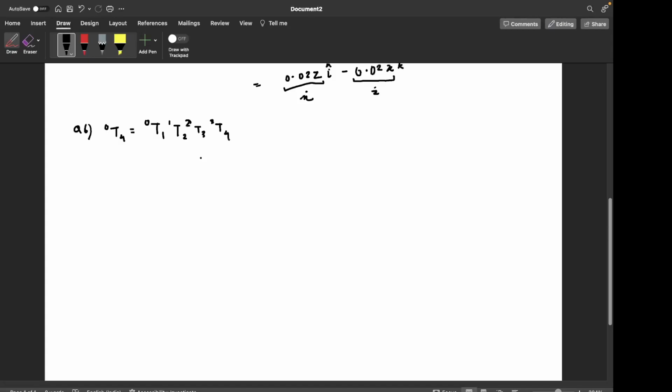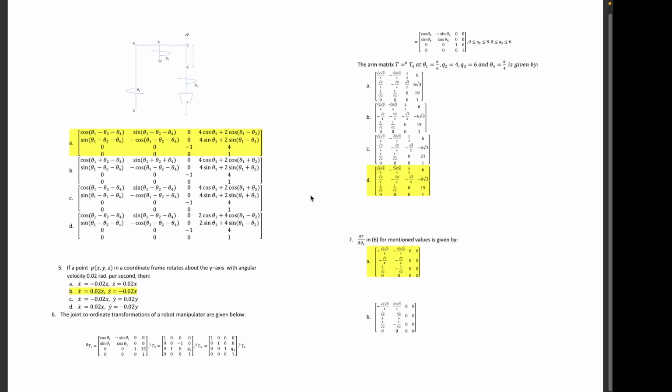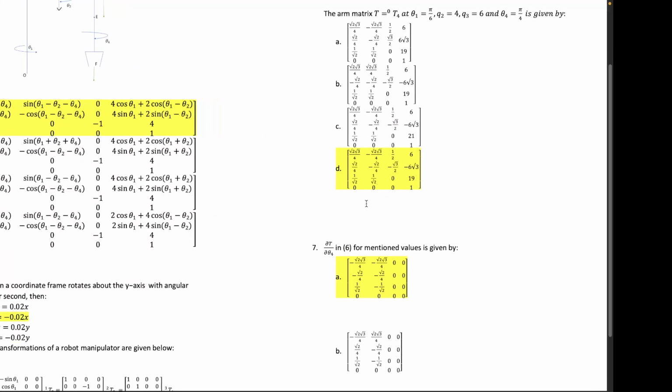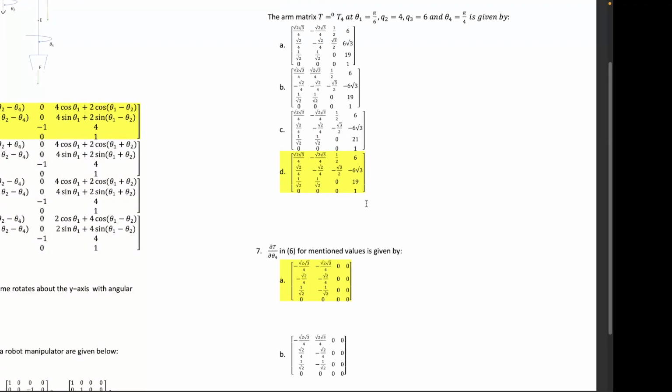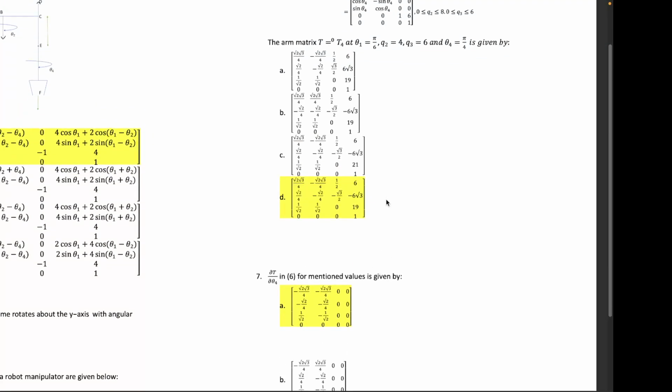We can do this set of matrix multiplications and get the final transformation matrix. This problem is pretty much straightforward. We have to just multiply these 4 matrices and put in the values of theta 1, q2, q3 and theta 4, and we will get the final result. This is how we get transformation from the 0th frame to the 4th frame.